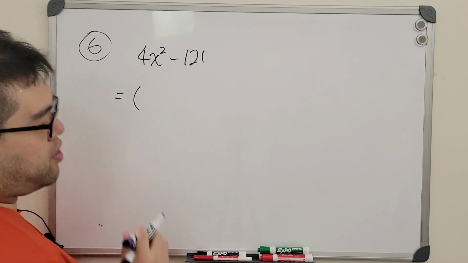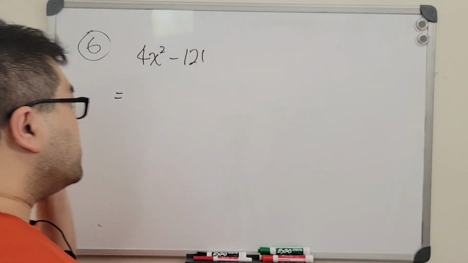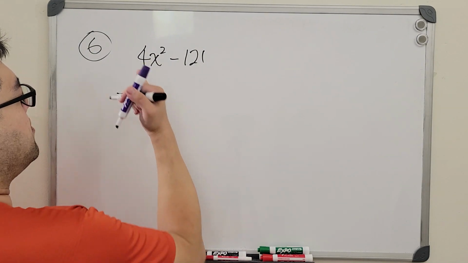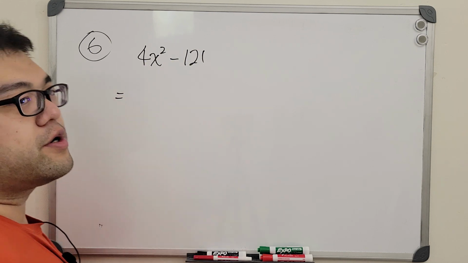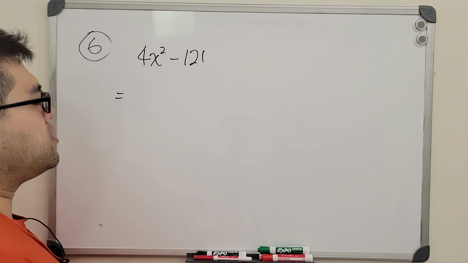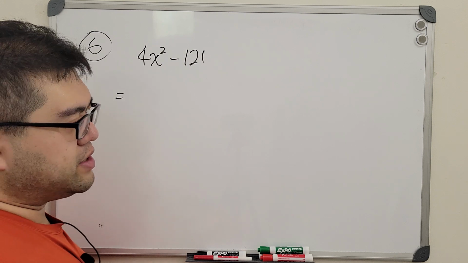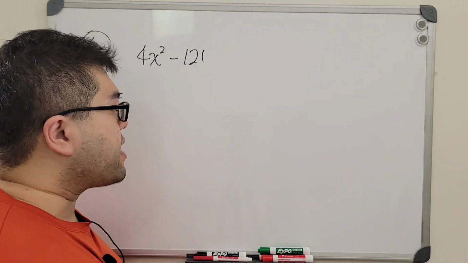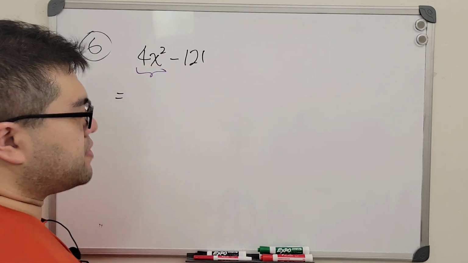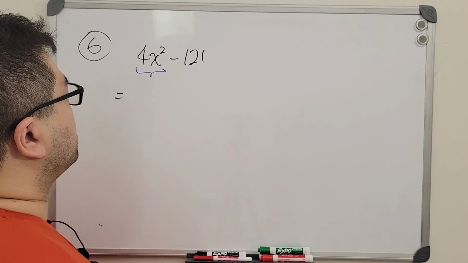So now we're at problem 6. We're going to make something a little bit more challenging. Instead of just starting off with x squared, we now have a constant times x squared here. So when we consider what our a is, we need to think about what to do instead of simply calling our a just x. If we say our first term is a squared, then what is the square root of 4x squared?